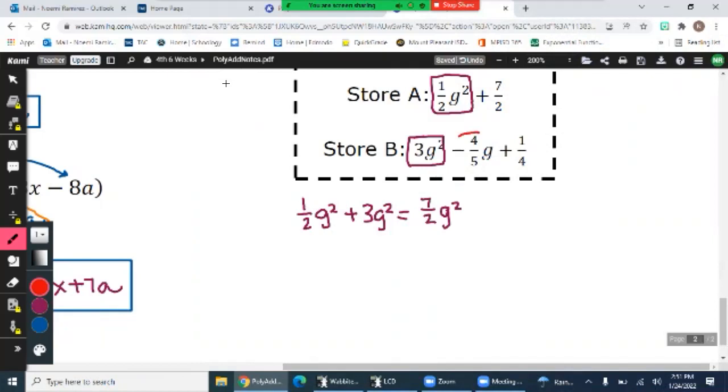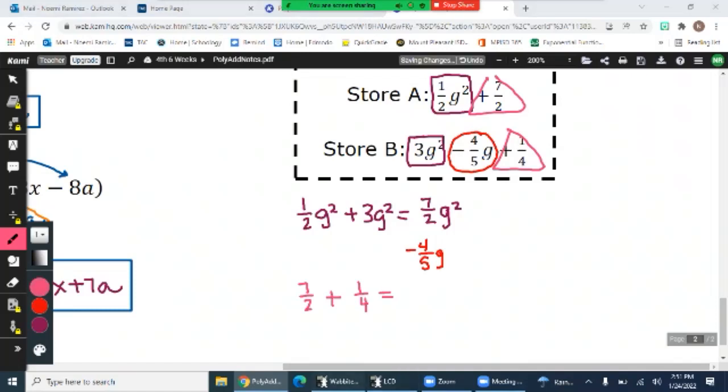Next, what can I combine with -4/5 g? Nothing, so I'm gonna leave that there. And then last, what can I combine with 7/2? 1/4. Can I combine two fractions with a different denominator, a different number at the bottom? Yes.